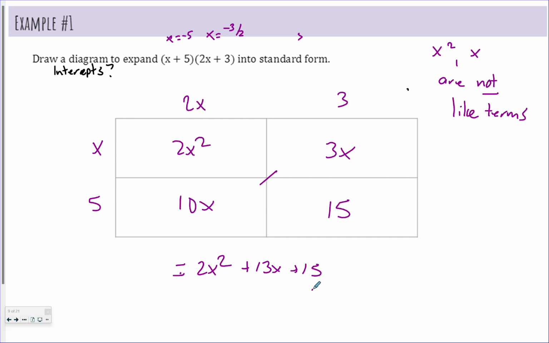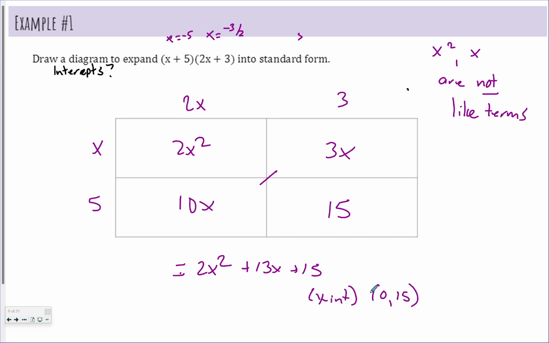The 15 is going to be the y-intercept. So now can you see how, as a shortcut, you can just simply take these two constant terms and multiply them together? 3 times 5 is 15. Also, if I plug 0 in for x, I'm just going to do 5 times 3 anyway. So my y-intercept is 0, 15.